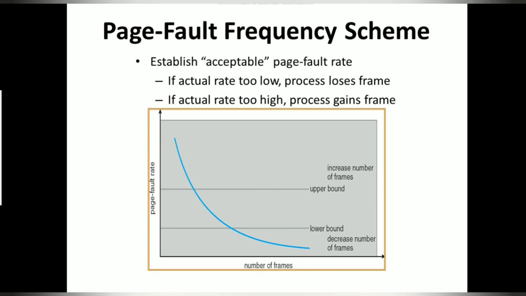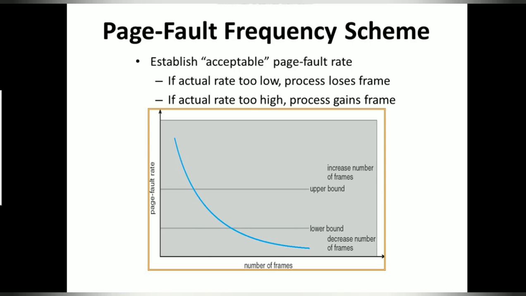The last technique that we have is the page fault frequency scheme. This is another approach to handle thrashing. As discussed earlier, the issue with thrashing is a high page fault rate.